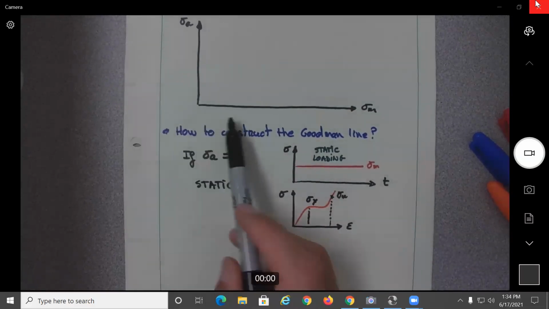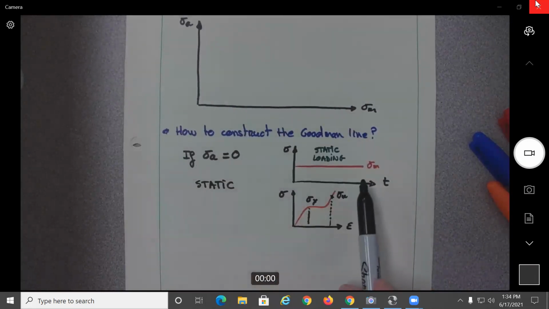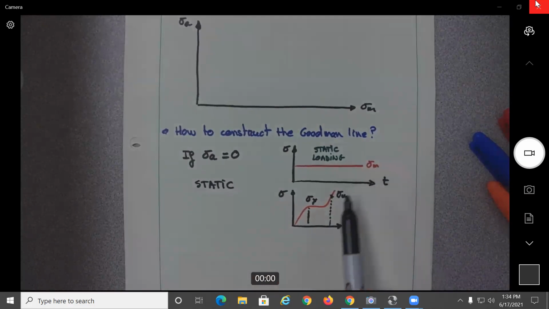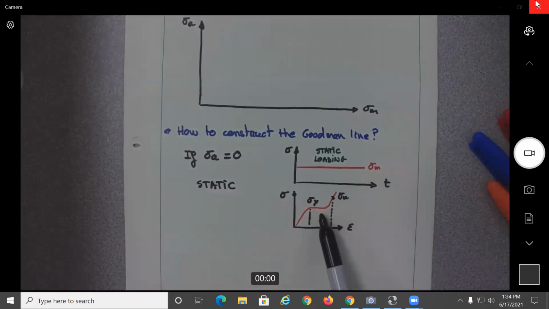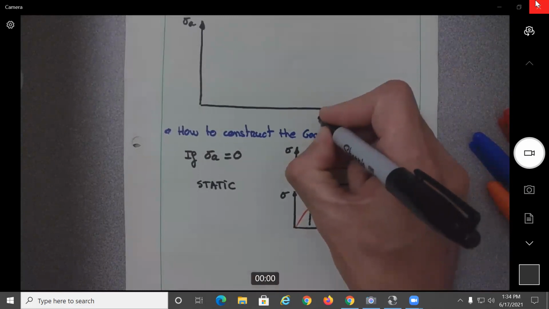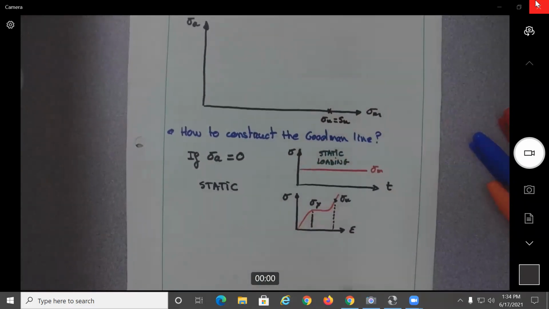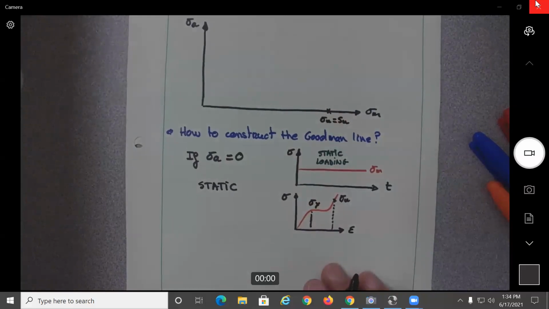So if we look at this curve here, this is important to understand, okay? So that means this is going to fail when the sigma mid-range reaches either the ultimate or the yield. So let's say we do first the curve for the ultimate. So we have one point here. Let's call this one sigma sub u, and this will be equal to S sub u, because this is what is generally used on the problems.